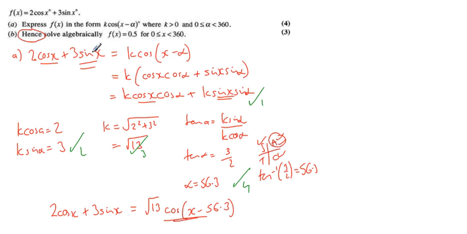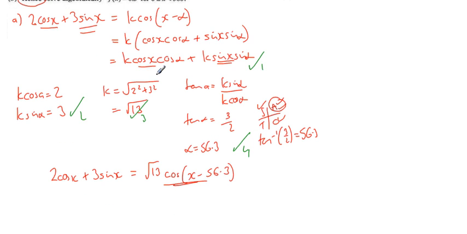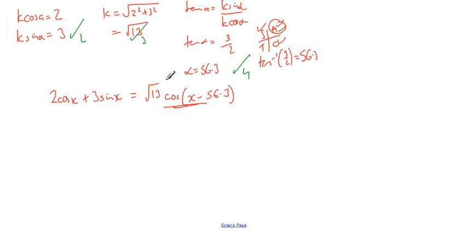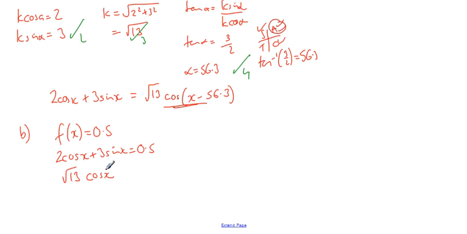And now we're trying to solve f of x equals 0.5. So 2 cos x plus 3 sin x equals 0.5, and after we've changed it, it will be root 13 cos of x minus 56.3 is equal to 0.5.